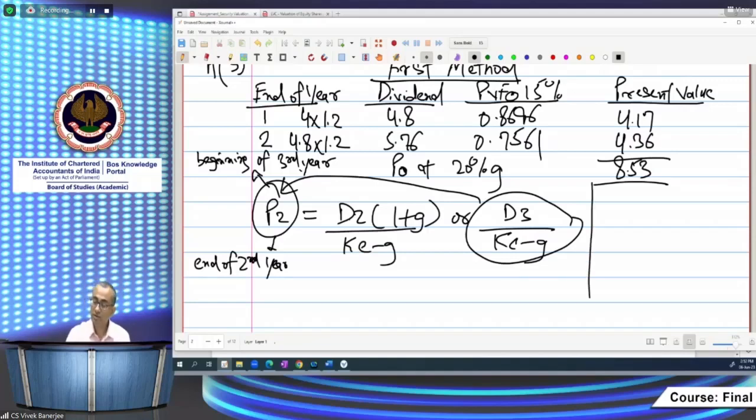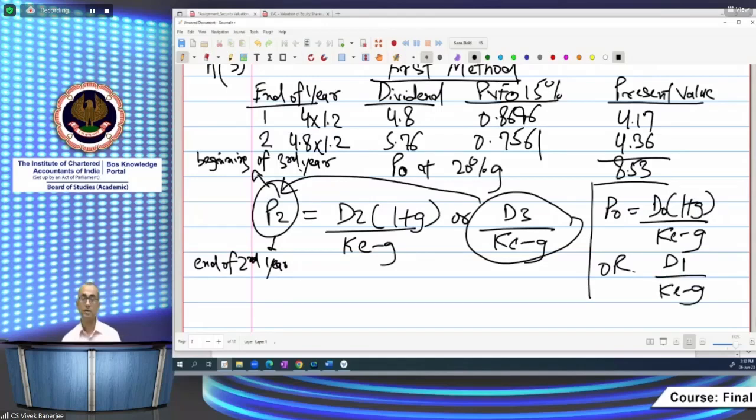If you can recall, what is the formula which you use if you want to calculate the present value of future dividends? If we invest in a company's shares now, what will we pay at this moment? It will be denoted by P0. So P0 is D0 into 1 plus G upon K minus G, or D1 upon K minus G. So the present value of shares is the dividend received at the end of the first year, discounted.